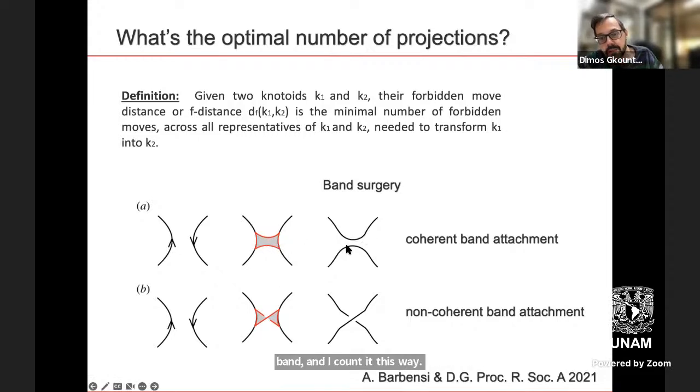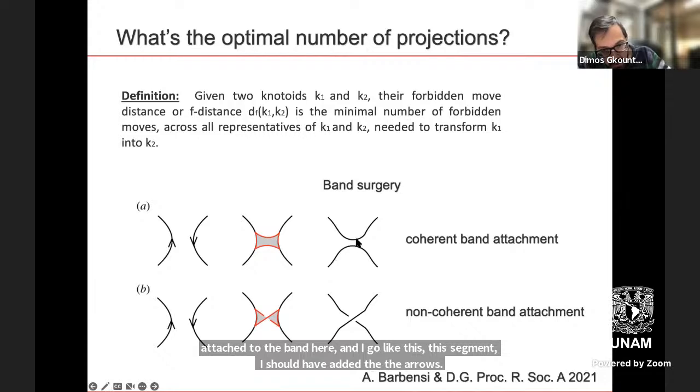And coherent means that the orientations are preserved. So if I attach the band here and I go like this, I should have added the arrows, I forgot, I'm sorry. So the orientations are coherent here.